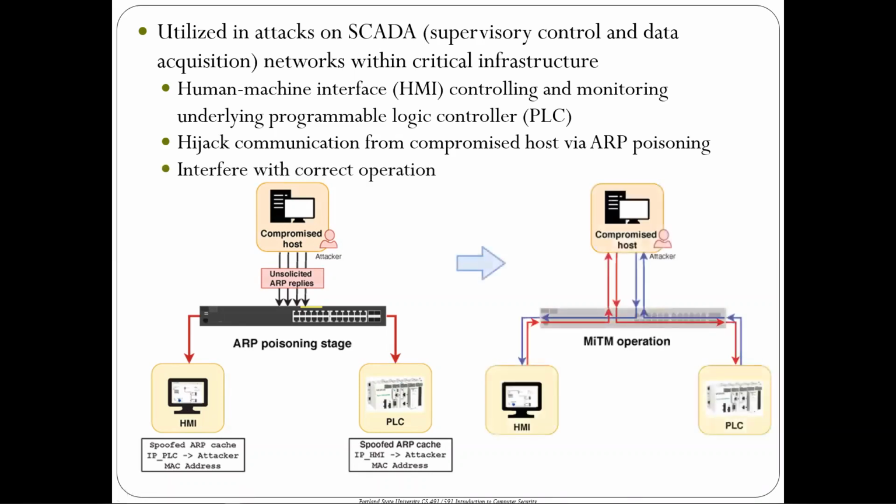And this is what you end up with, where the communication goes through this compromised host and to and from the PLC and the HMI. Okay, so I forget which article I pulled this out of, but this has been found in the wild in industrial control systems.